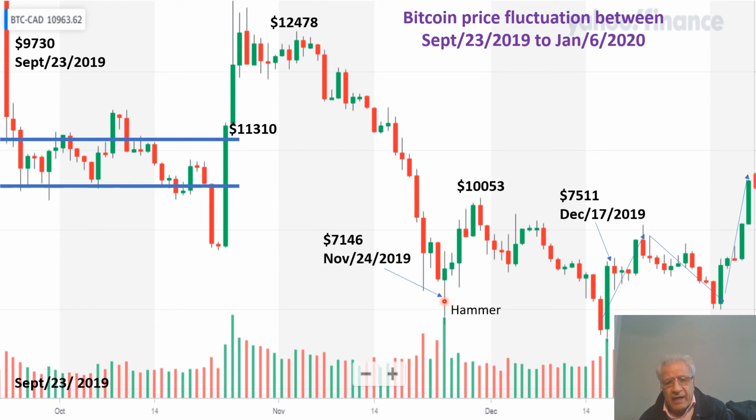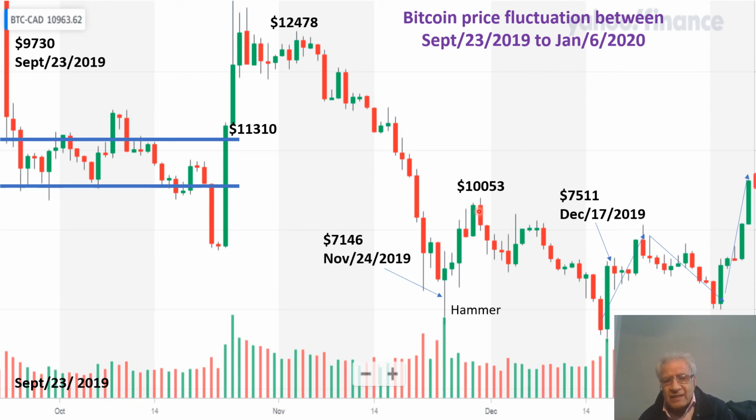You can enter the market here at the price of 7,146 on November 24, 2019, and it goes all the way up till here, and the price here is 10,053. And you see these two candles, if you blend these two candles with candlestick math, you see that's a shooting star, and a shooting star at the top of an uptrend is a trend reversal.